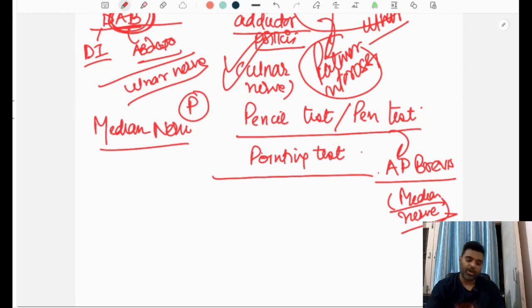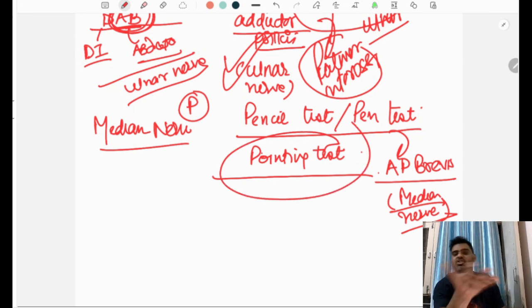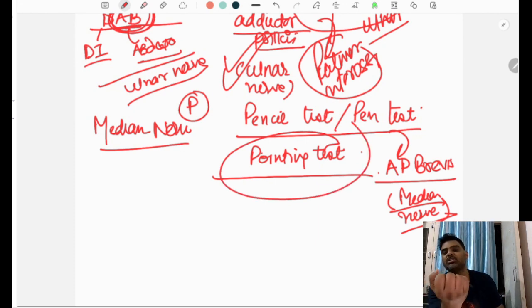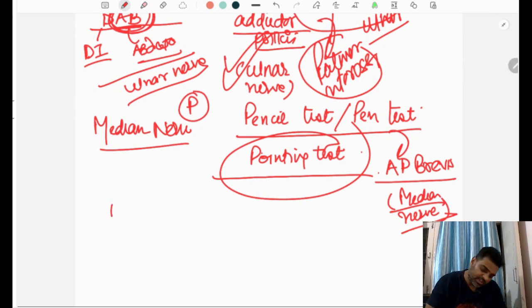Then the pointing test. If you ask the patient to flex his fingers and make a fist, and he is not able to flex the index finger, it is because of flexor digitorum profundus.